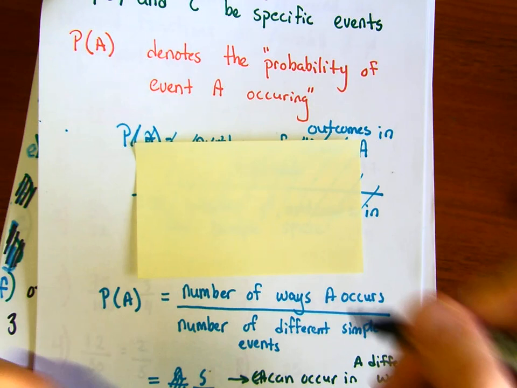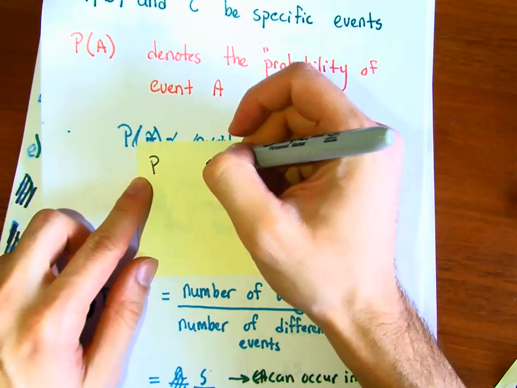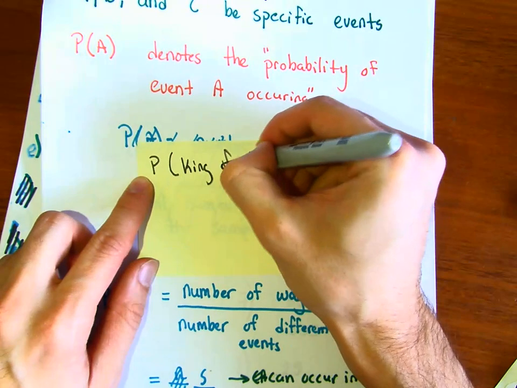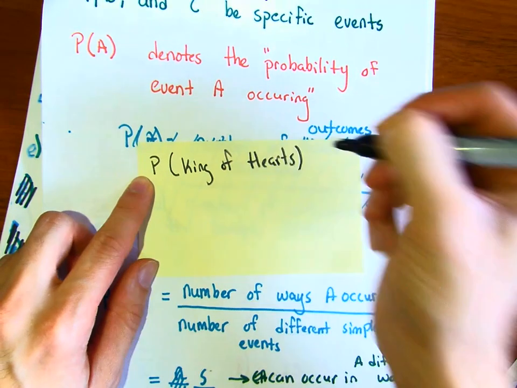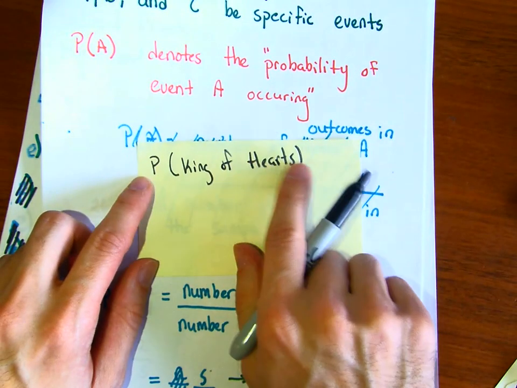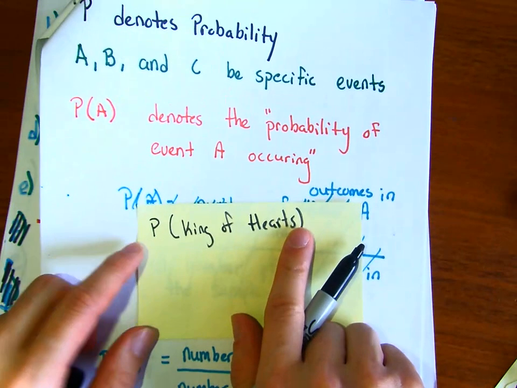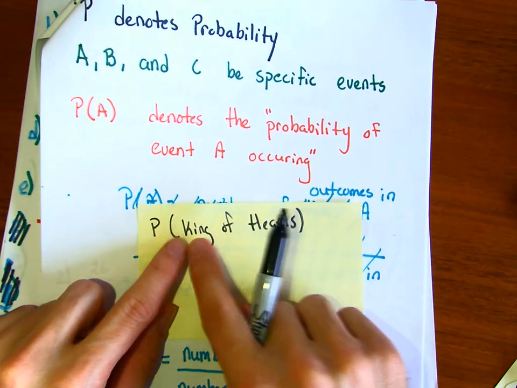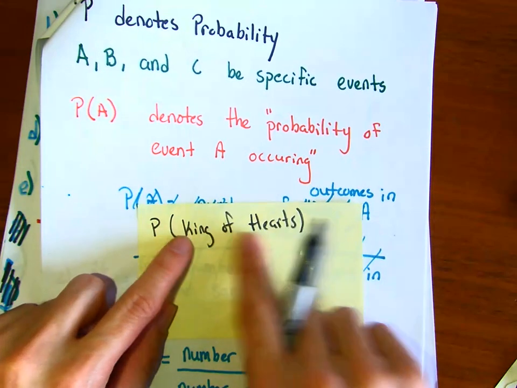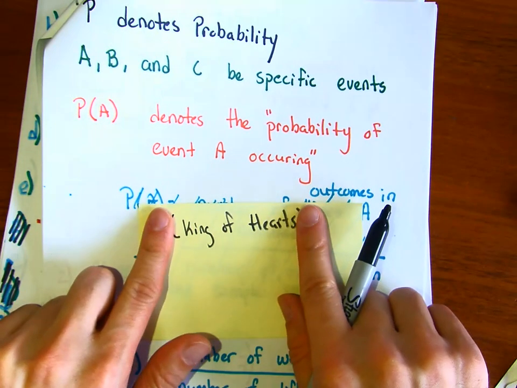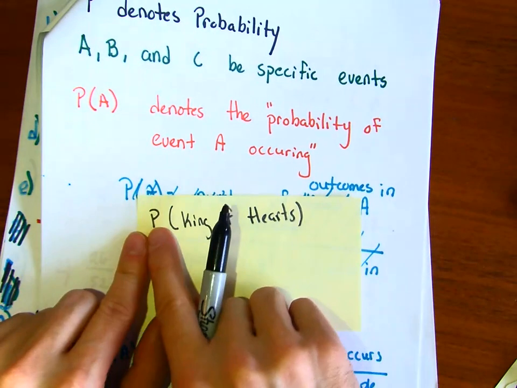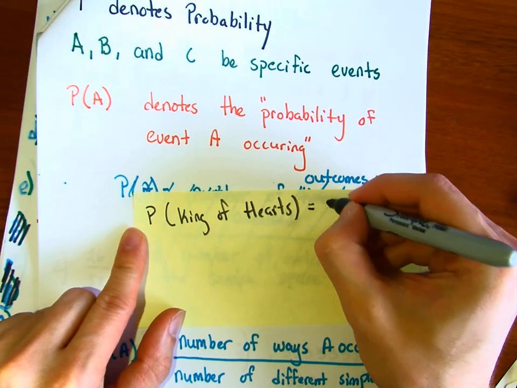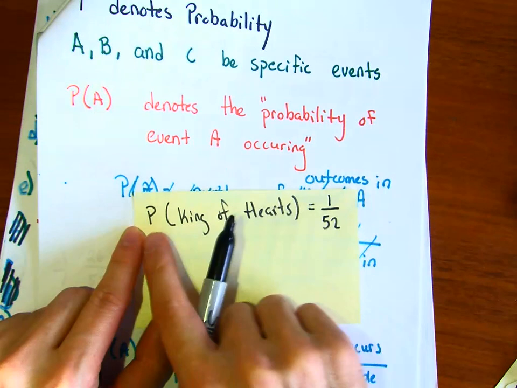Now this looks very textbooky and complicated, but all this is saying is, if I say P of king of hearts, what is this saying? I'm just saying the probability of event A. Here, our event A is getting a king of hearts. What is the probability of getting a king of hearts? If you draw one card out of a deck, it's just 1 over 52. This is the notation.